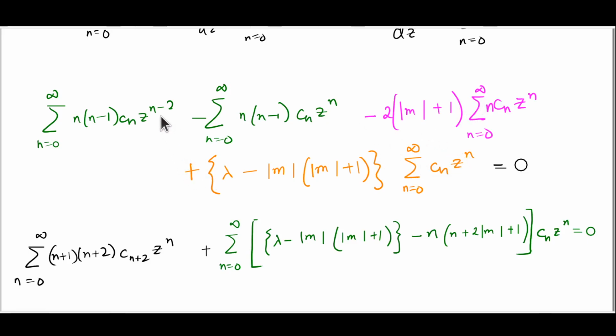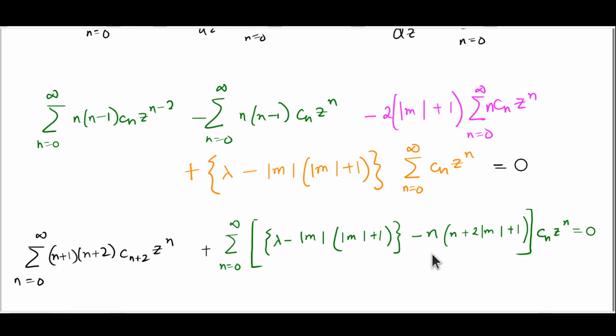We want to make them into the same power so that we can compare coefficients. So we change n minus 2 to n here. Of course, that means Cn becomes Cn plus 2. n into n minus 1 becomes n plus 1 into n plus 2. The lower limit should have actually changed to minus 2 here, but the n equal to minus 2 and n equal to minus 1 terms are both 0, so you don't have to bother doing that.